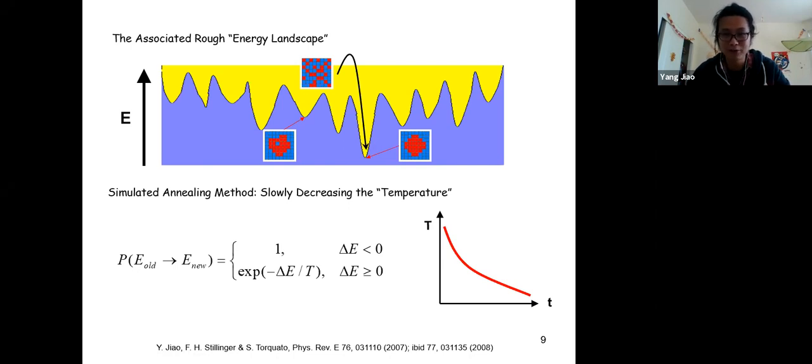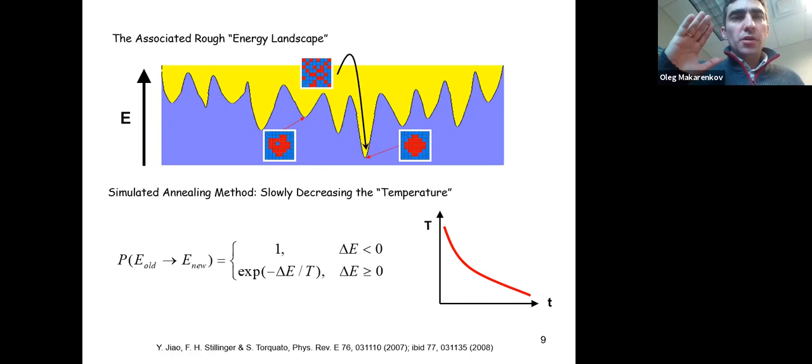So we do not directly jump to the nearest local minimum. We first allow energy uphill moves to try our best to get out of the possible local minimum, and then during the later stage we only accept the energy decrease moves. So hopefully this will allow us to achieve a global minimum. But again, if the system is very large, in most cases we're going to get stuck in a local minimum.